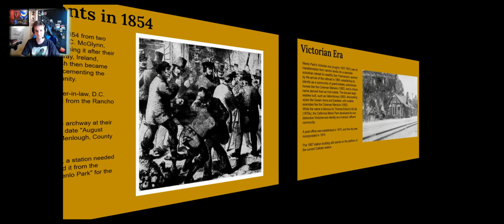Later in the 19th century, they were also able to establish many permanent shops, saloons, and a few restaurants and all that stuff during that time period in the 19th century.